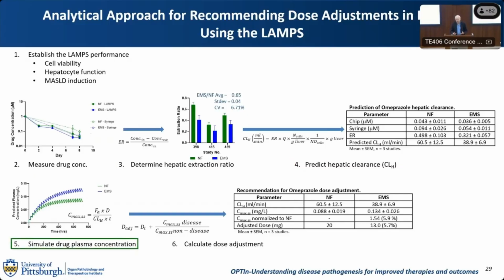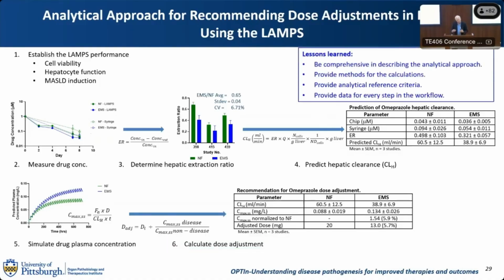Then we can simulate the drug plasma concentration, saying, here's what we're predicting. If you were to go with this same dose in both the healthy and disease state, this is how much more is going to be in the disease state. And then we can calculate what the dose adjustment might be, and this would be a recommendation of perhaps you want to reduce the dose by X amount to get from the disease levels back down to the non-disease levels.